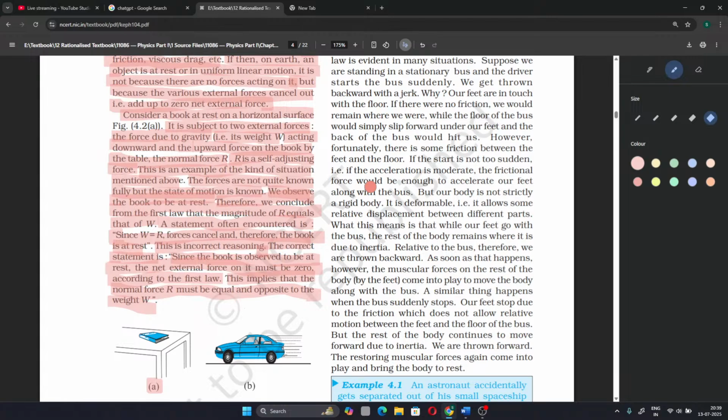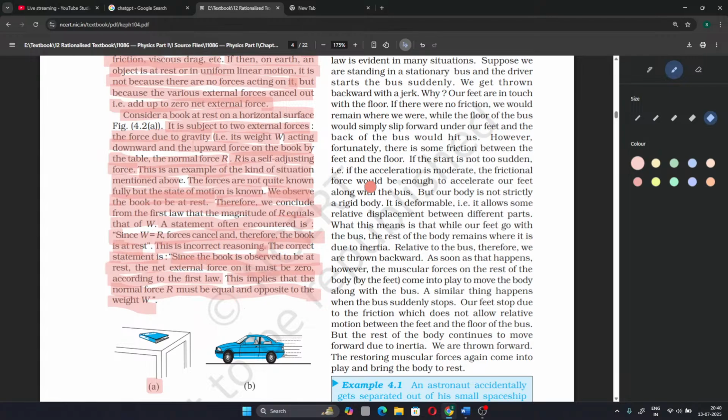We do not know the forces, but what we do know is the state of rest of the book. So the correct statement is, since the book is observed to be at rest, the net external force on it must be zero.